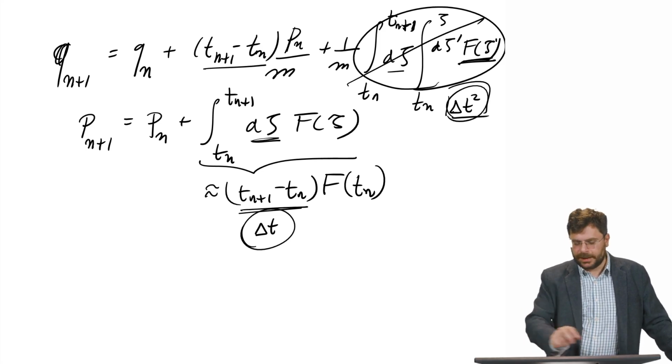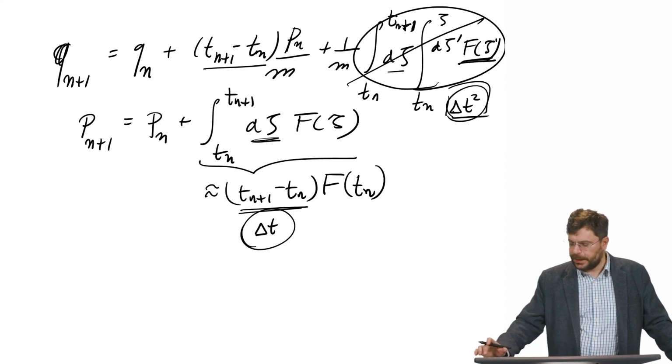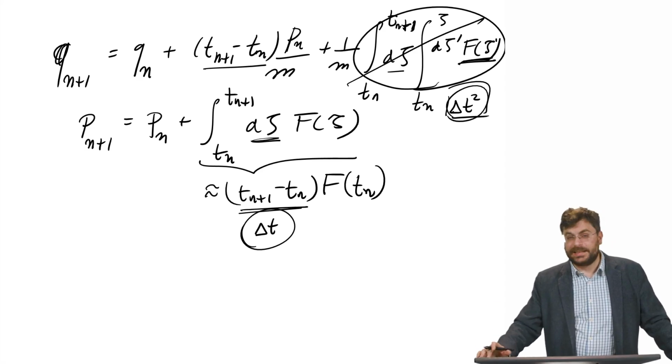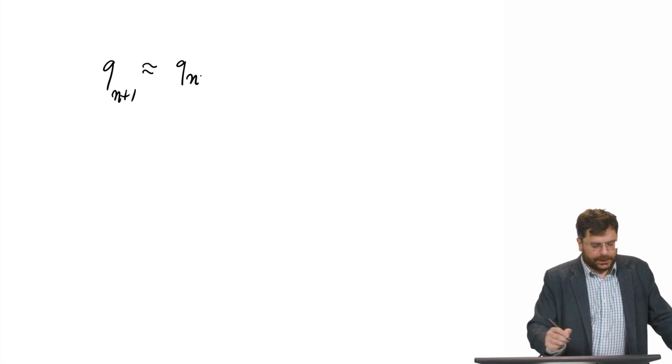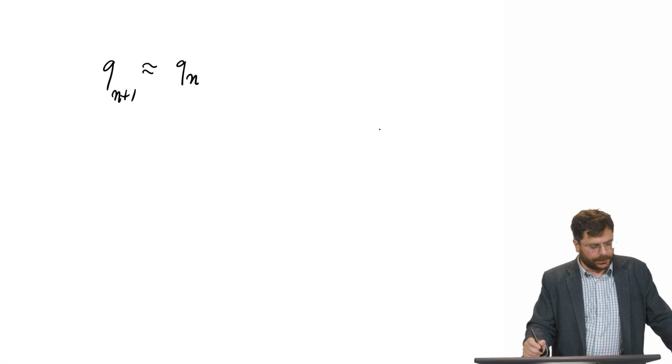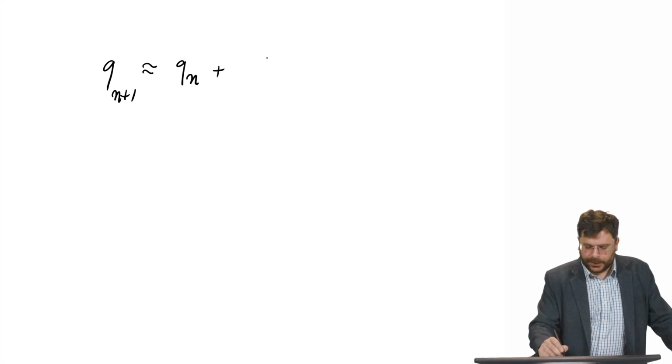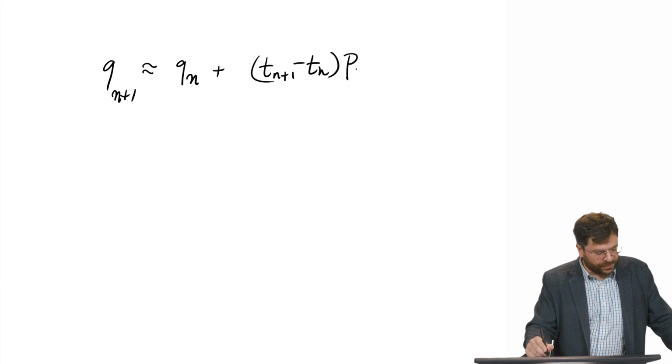So let's go ahead and write out these two equations in a way which may seem a little bit more intuitive under those approximations. Qn plus 1 is approximately equal to Qn plus Tn plus 1 minus Tn multiplied by Pn over m.